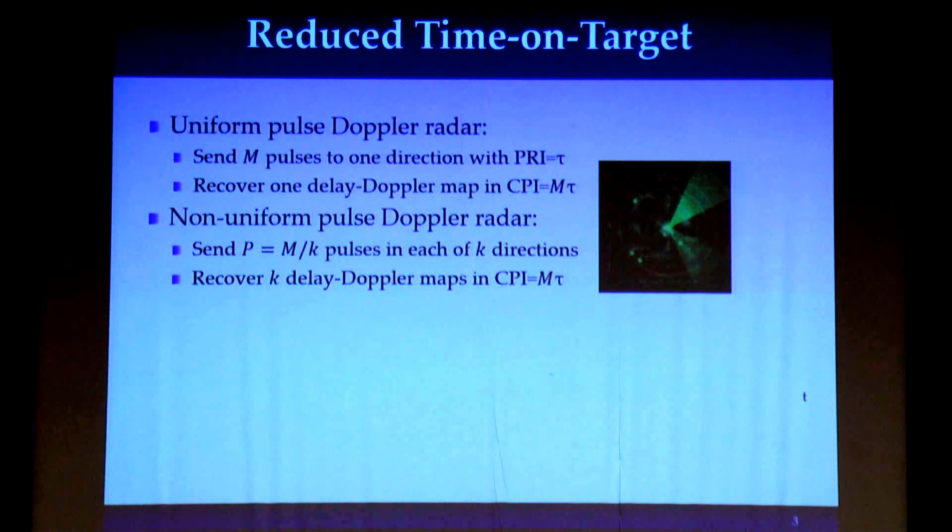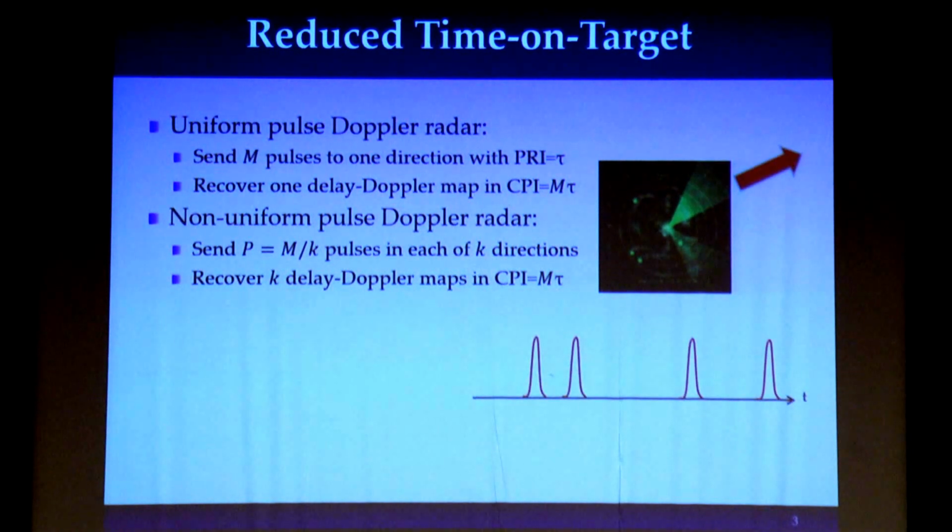So what we saw until now is that we send pulses uniformly towards a certain direction. Let's say each pulse has a certain PRI of tau. So you can recover one delay Doppler map in a CPI, a total time of M times tau. What we're saying is, let's send some of our pulses towards one direction and the other ones towards another direction.